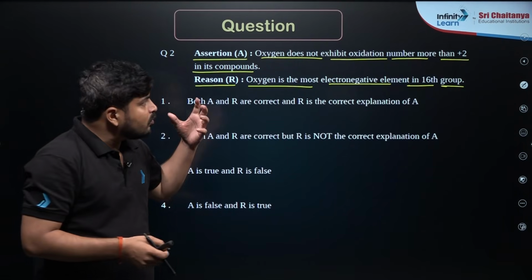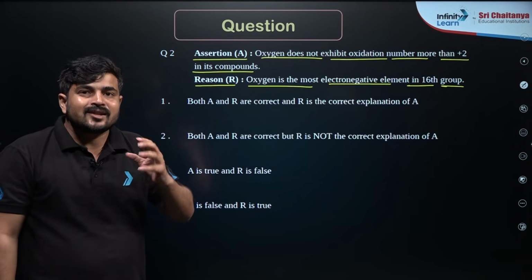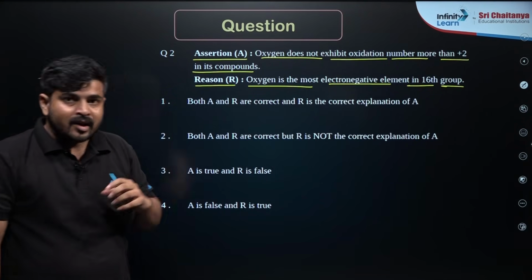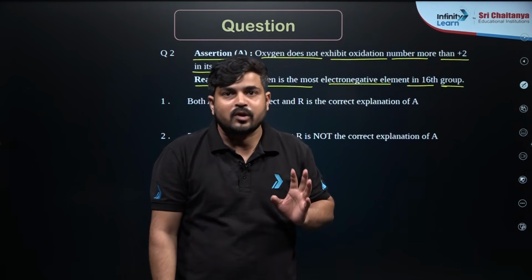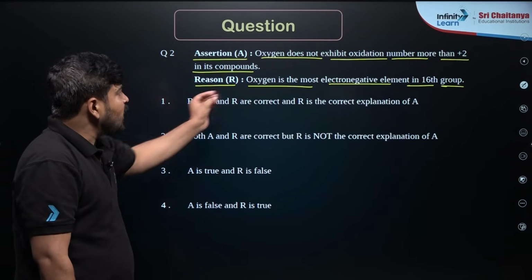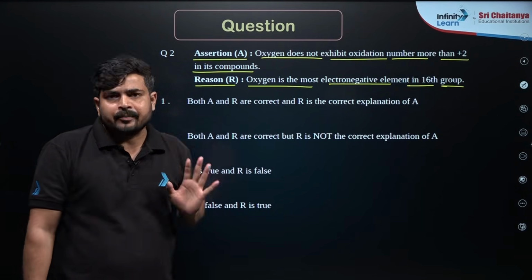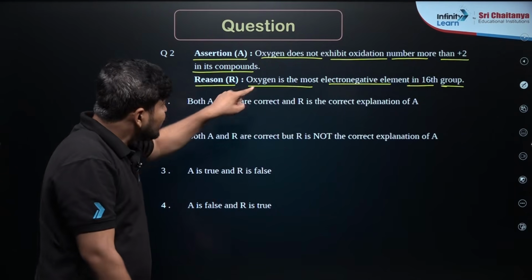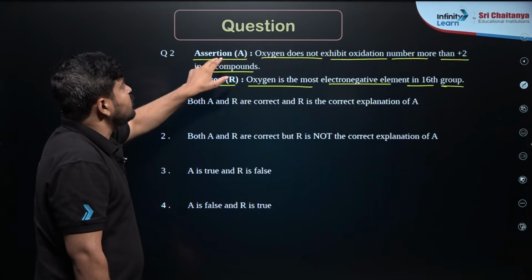Oxygen generally shows the -2 oxidation number, and +2 and -1 only in exceptional cases; in all conditions it is not possible. Please remember this one. Oxygen is the most electronegative element in group 16, this statement is also correct.